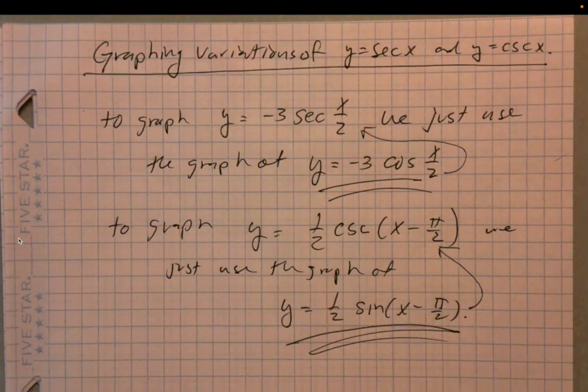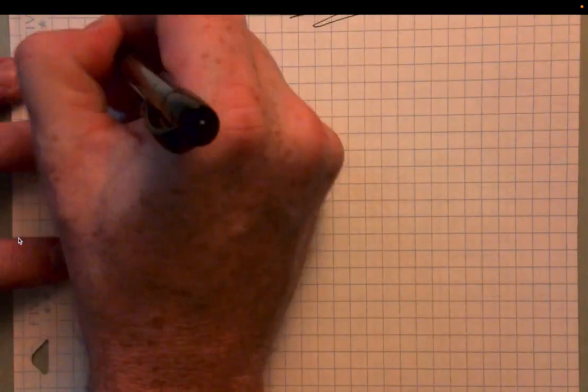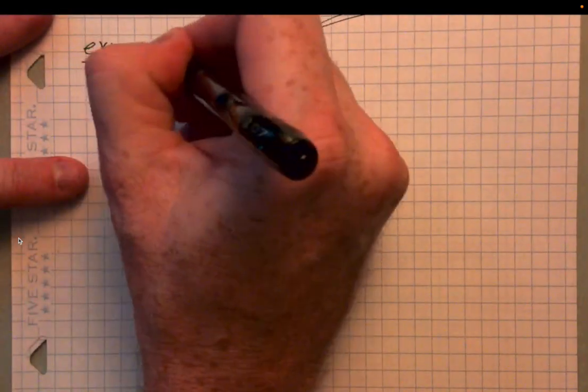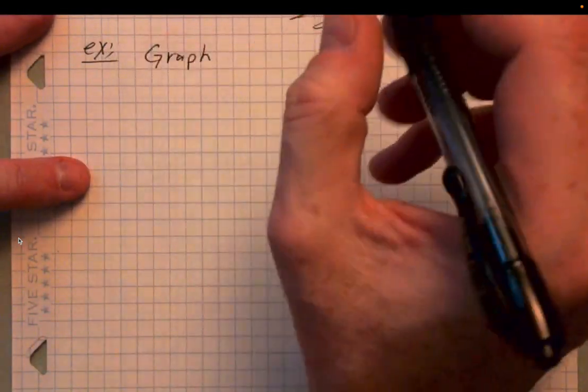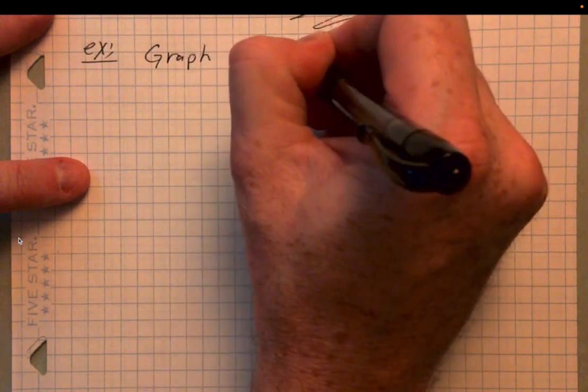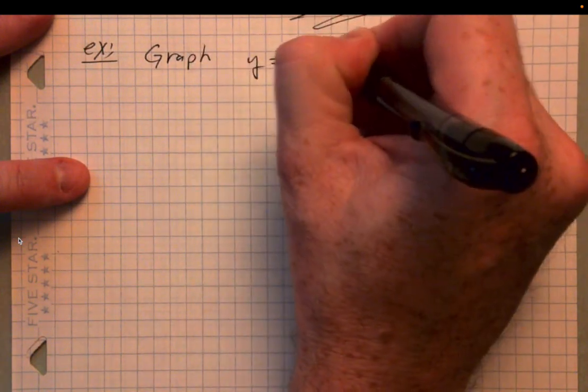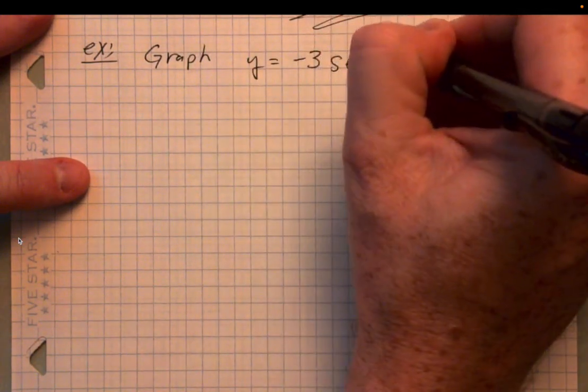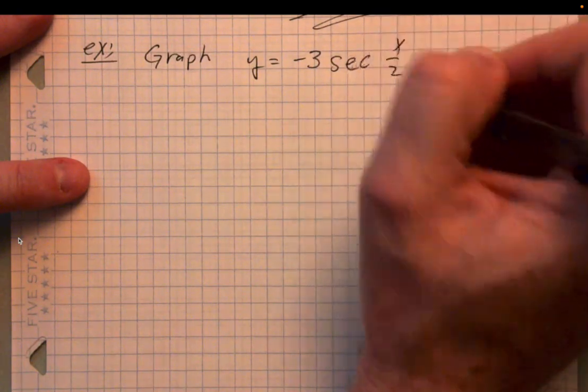Okay, so let's take a look at an example here. Let's do an example. Okay, and this will give us an opportunity to kind of review what we talked about last time with the graphing of sine and cosine. So let's graph y equals -3 secant of x over 2.